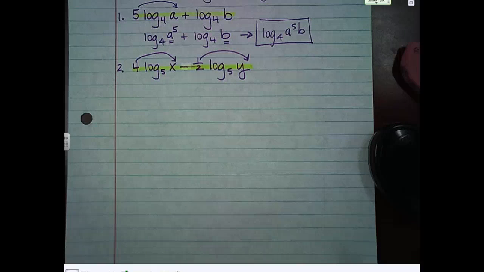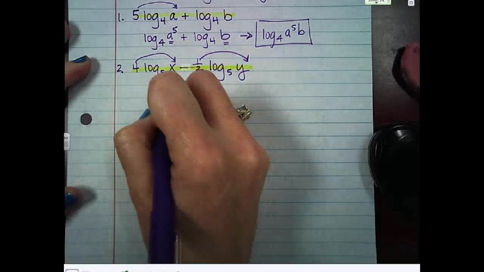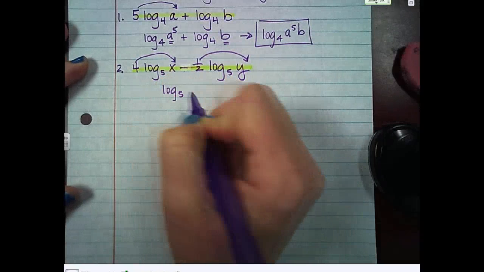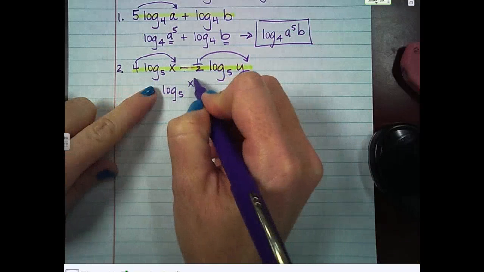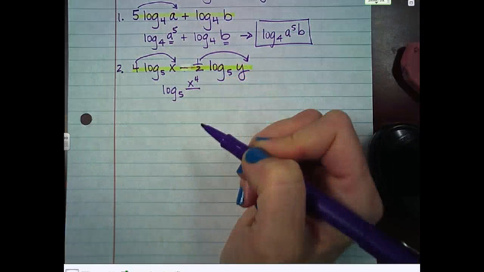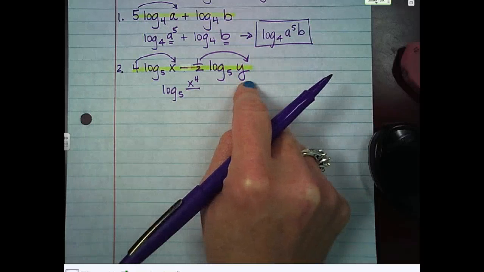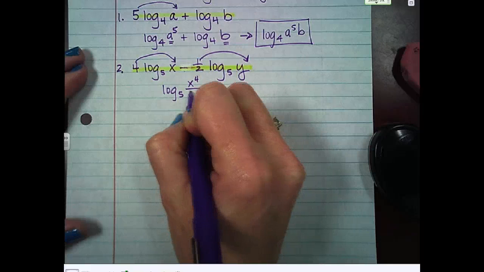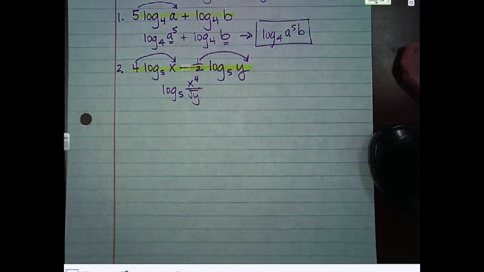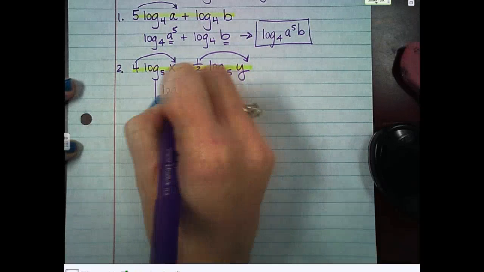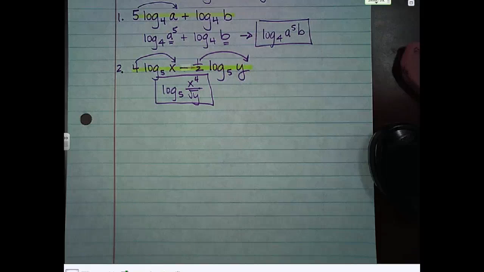And it is subtraction, so we're going to turn it into what? Division. Okay, so then we're going to write log base 5, and this is actually x to the 4th power, divided by y to the what? 1/2 power, or you can even write it as the square root of y. That's kind of the more accepted way. And then that's the answer. Remember, subtraction means division.